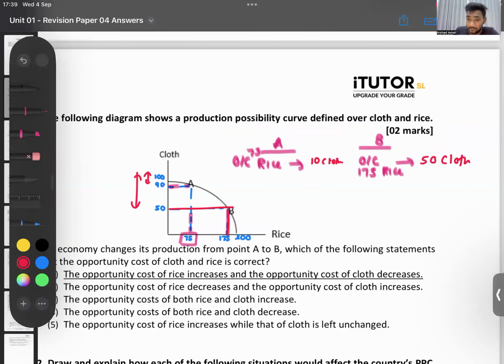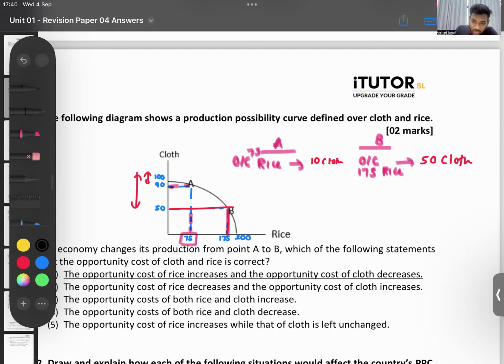So can you tell me, take some time to think of it also. At point A, you're sacrificing only 10 cloth. At point B, you're sacrificing 50 cloth. So what is happening to the opportunity cost of rice when going from A to B?